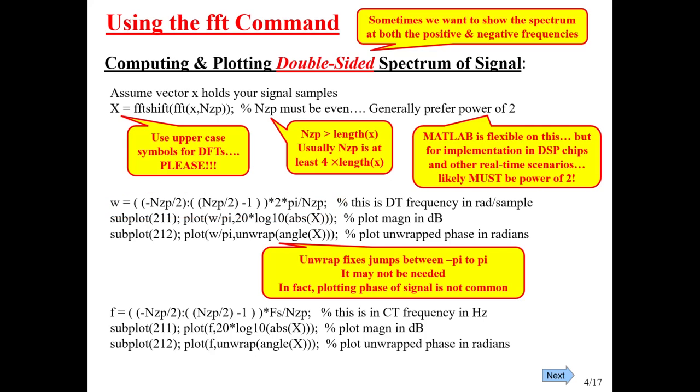But more often than not, I'm targeting right straight away. I want my continuous time frequency vector. So I just do the same thing, series of integers, just like we said before. And then I divide by NZP. So now this becomes minus a half, and this becomes a half minus 1 over NZP is the right way to say that.